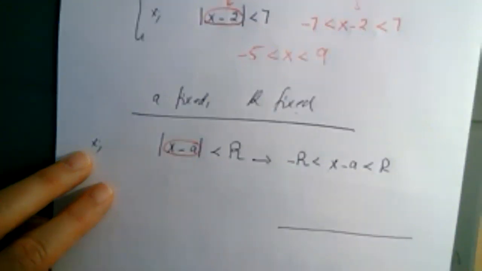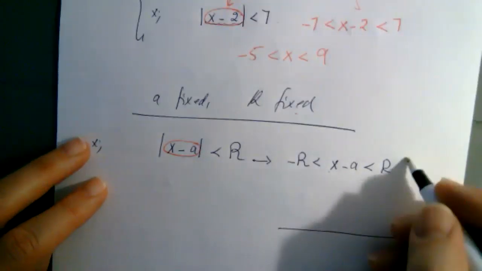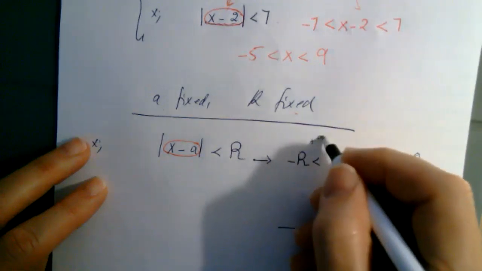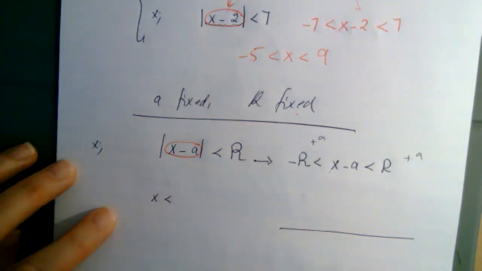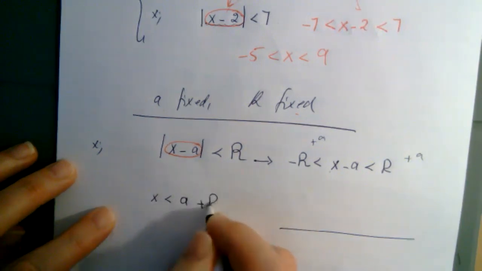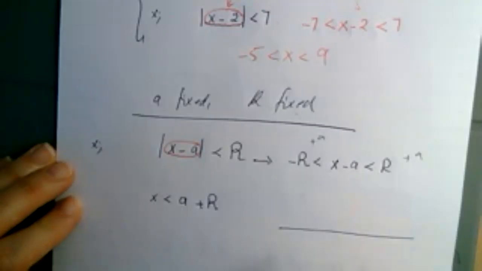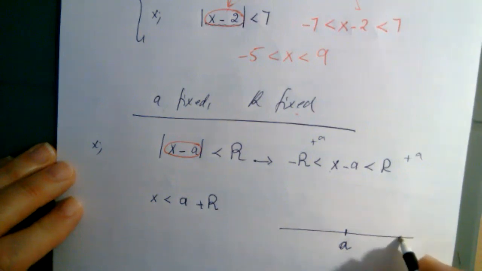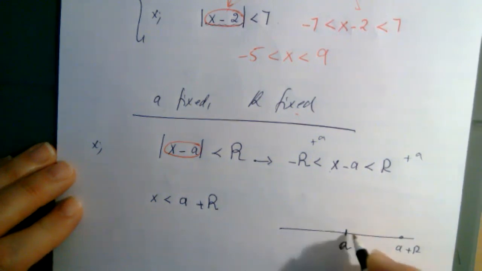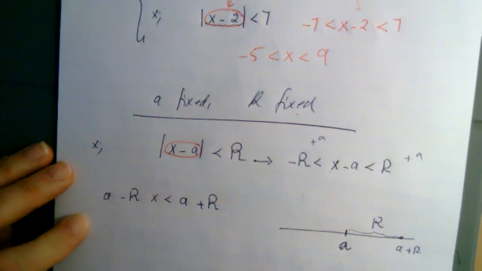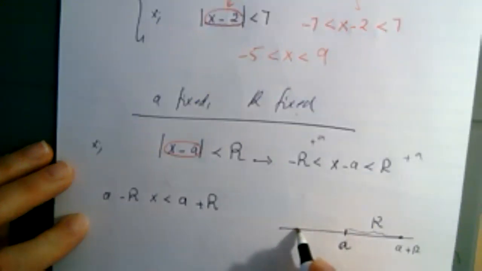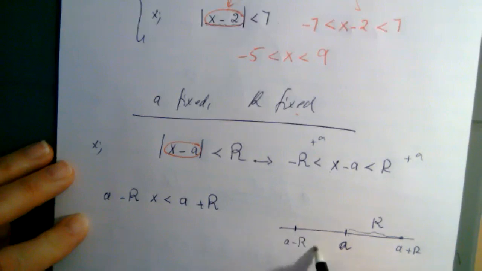It means x should be where? So this is my number line where I want to show you the solution. If I add a both sides, it means my x has to be between a plus r. So I'm going to put a right here. From here to here, this is r. And a minus r, it means this is your a. I'm going to take r away. That's a minus r.